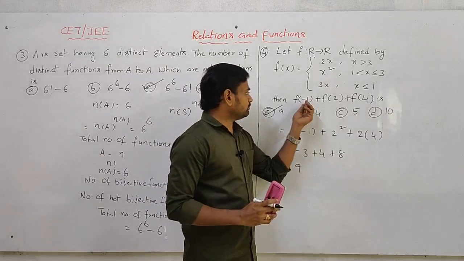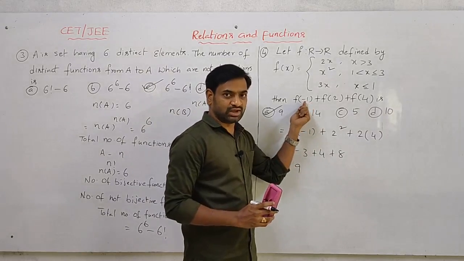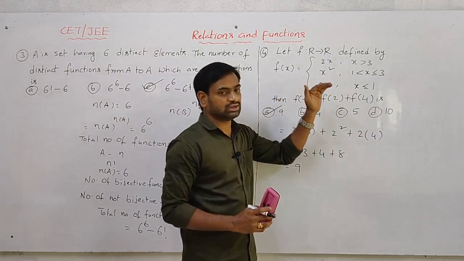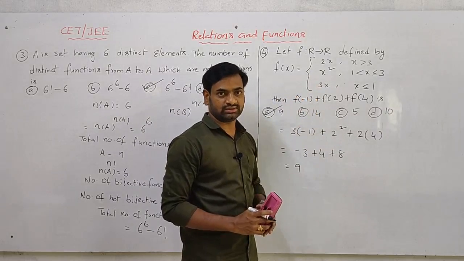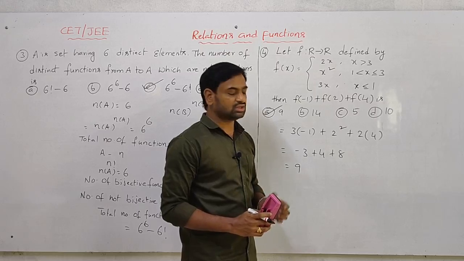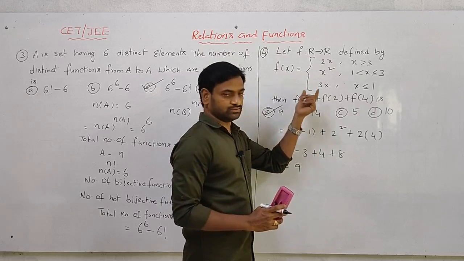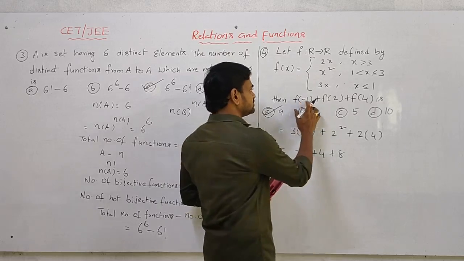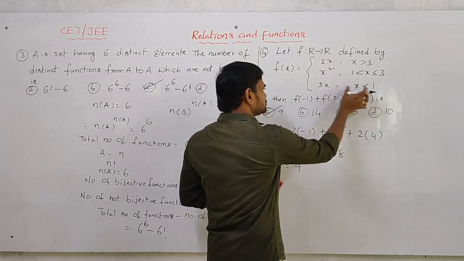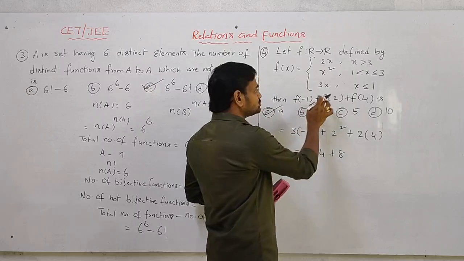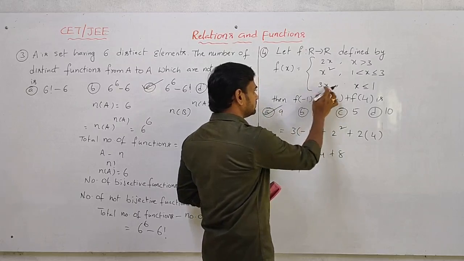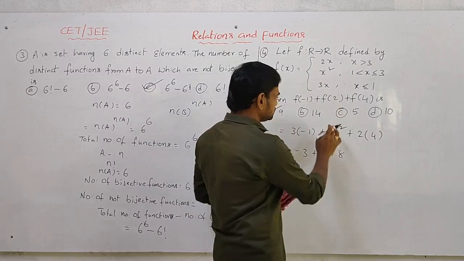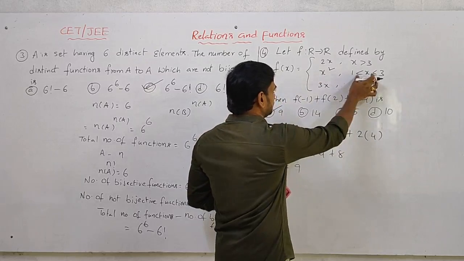Just we have to check this value. This value belongs to which interval? That function we have to take, and by taking that function, we have to substitute that value. Here minus 1 belongs to this interval, so I took this function. So in this function substitute minus 1. That's it. Next, 2 belongs to this interval.